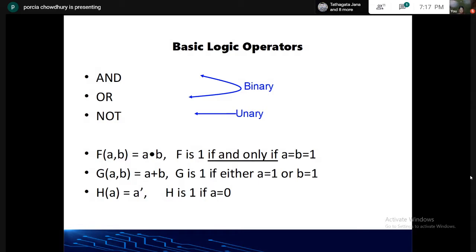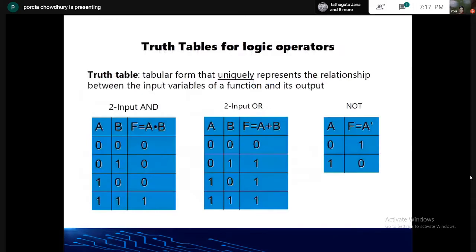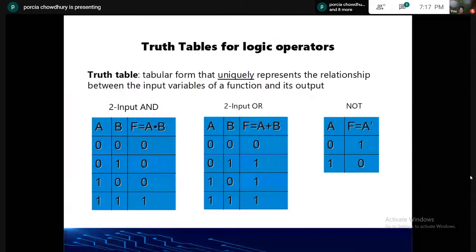Now this is the truth table. The truth table for AND and OR gate, which I have previously told you, has two inputs and one output, and NOT gate has one input. You can see the truth table. This formation is called truth table. We see both input and output.